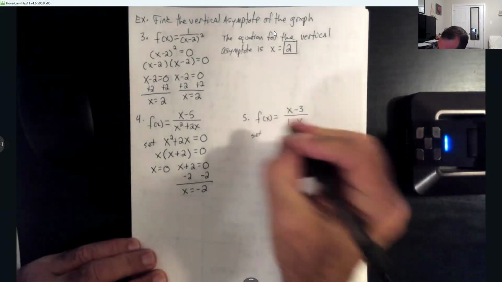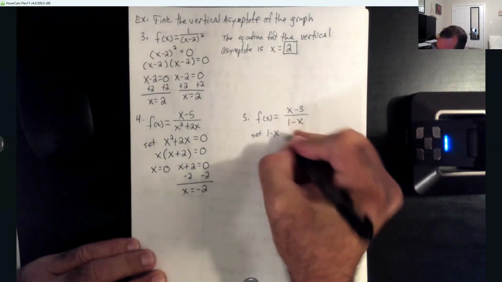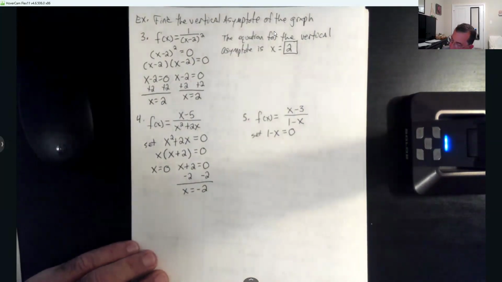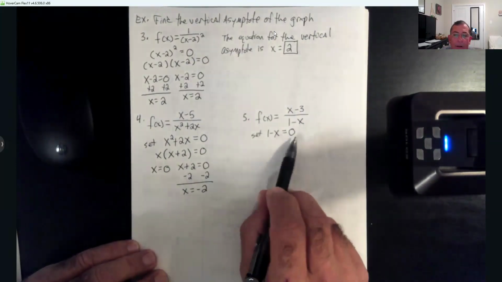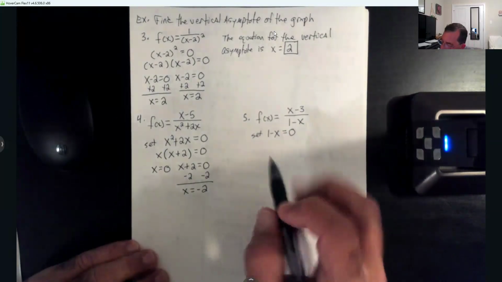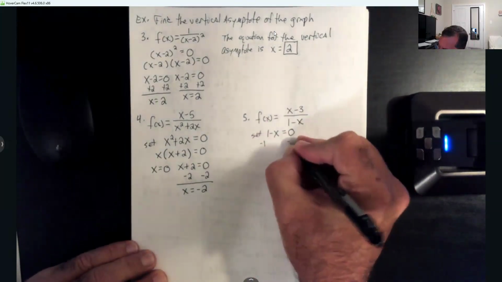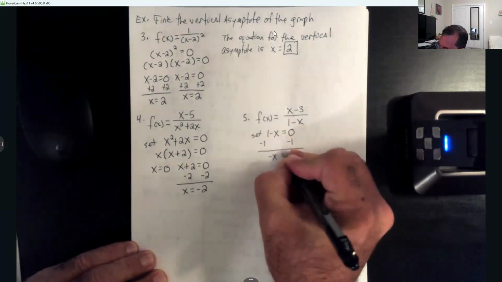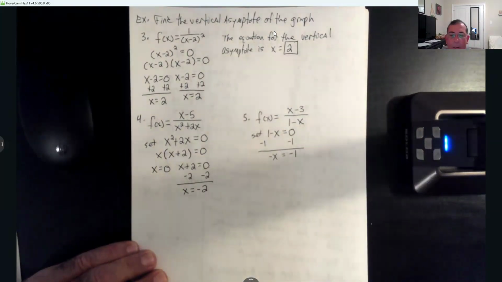So y'all to find that, we're going to set 1 minus x equal to 0. All righty, so I'm going to do it like I did with the 10 while ago. I'm going to subtract 1. So that cancels. I got negative x equals negative 1.